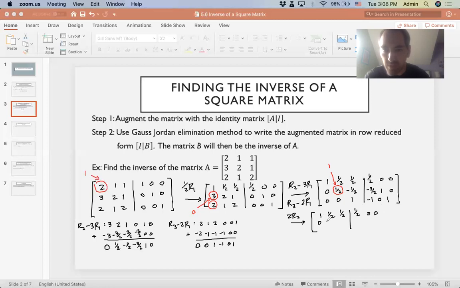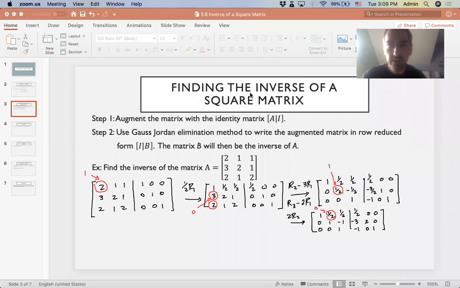And we'll have 0, 1, -1, -3, 2, and 0. And now we want everything else in column 2 to be 0. We already have a 0 in that last entry. We just need to get that 1/2 to become 0.